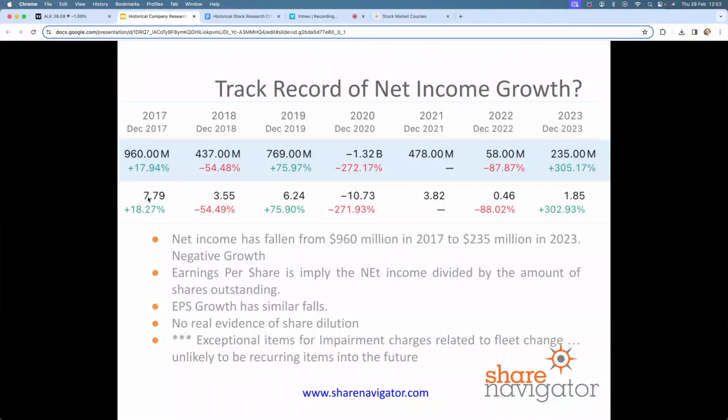And it's similar with the earnings per share. Now, the reason we're looking at the earnings per share here is to see if the numbers are fairly similar. The reason for that is, remember what earnings per share are. Earnings per share is simply the net profit of a company divided by the amount of shares on issue to get the profit on a per share basis. Now, sometimes companies use something called financial engineering in order to grow their earnings per share.